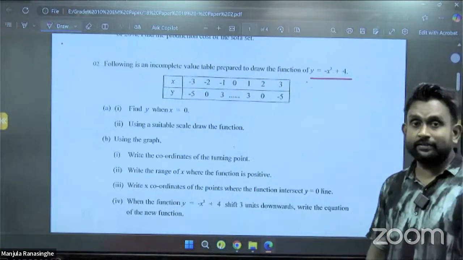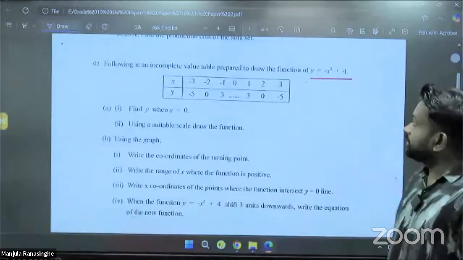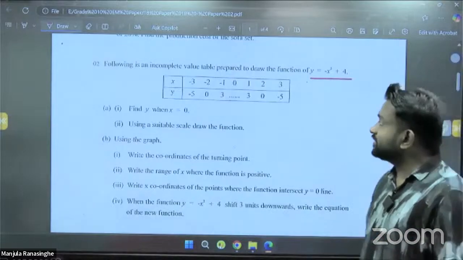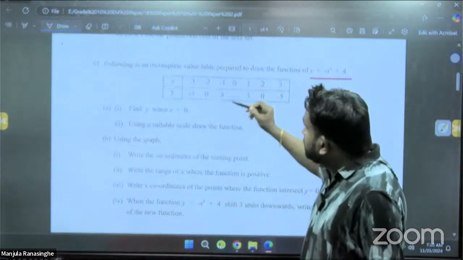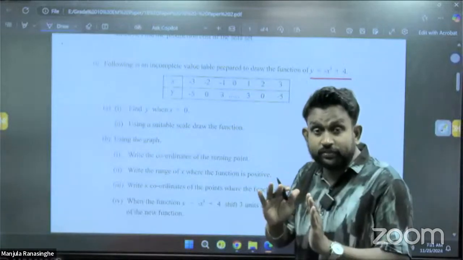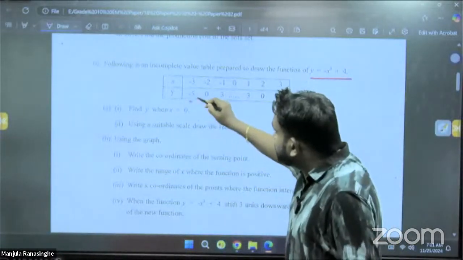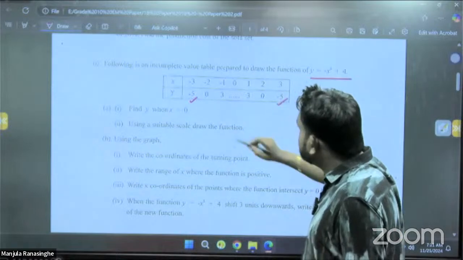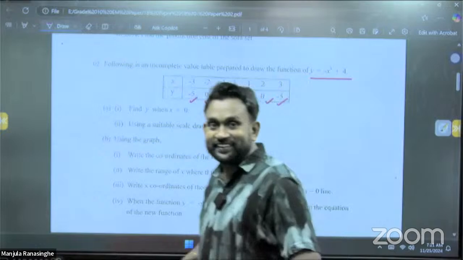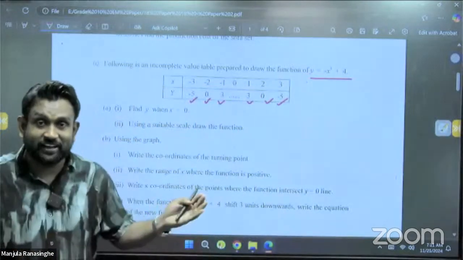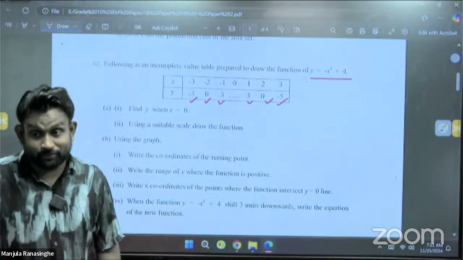First they are asking to find y when x equals 0. You can see the symmetry of the point table: -5, 0, 3. But unfortunately, they have not given a chance to find the coordinate using symmetry.